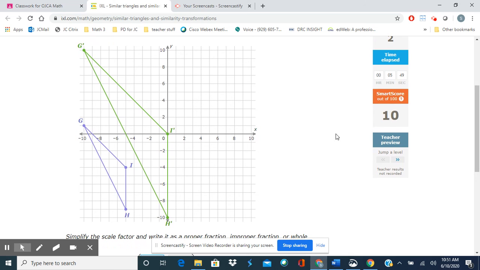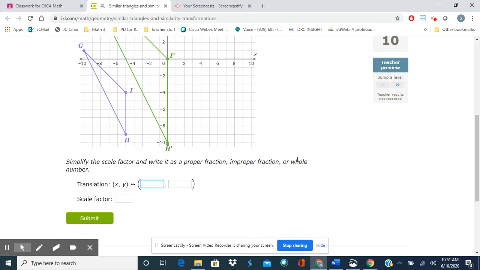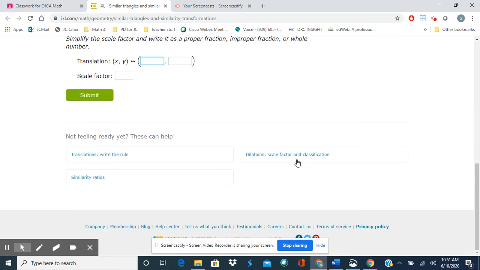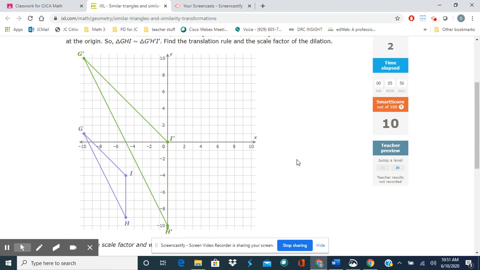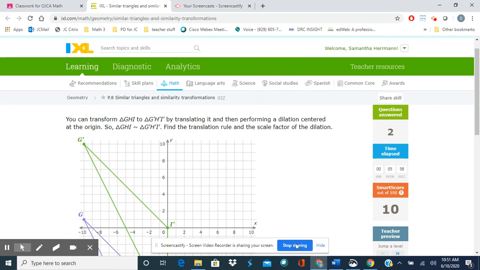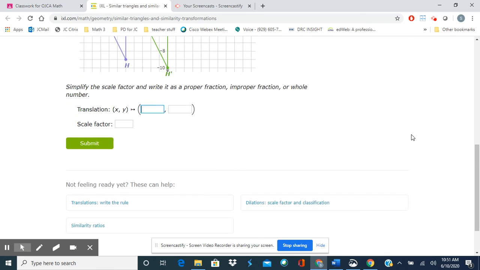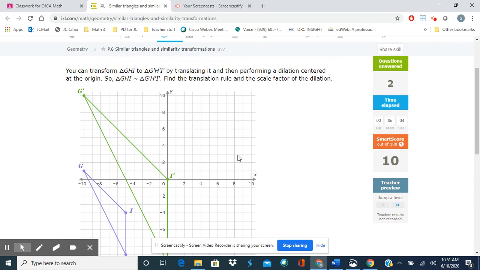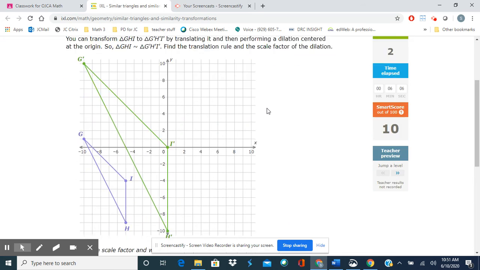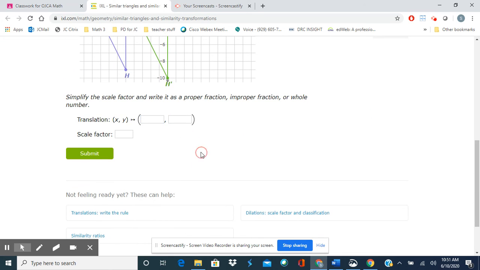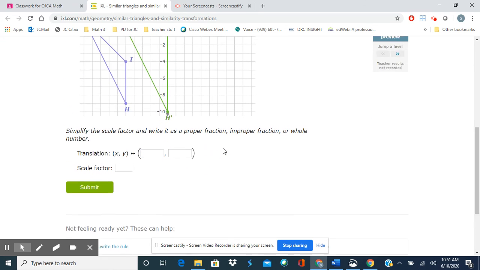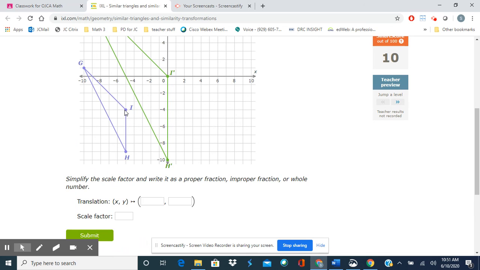So now I'm going to move on to the next one, and I will do the same thing every single time. If you do not get it right, make sure you're reading those instructions, okay? So basically, I'm going to show you one more time. Here, again, we're moving our i over 5 and up 4.